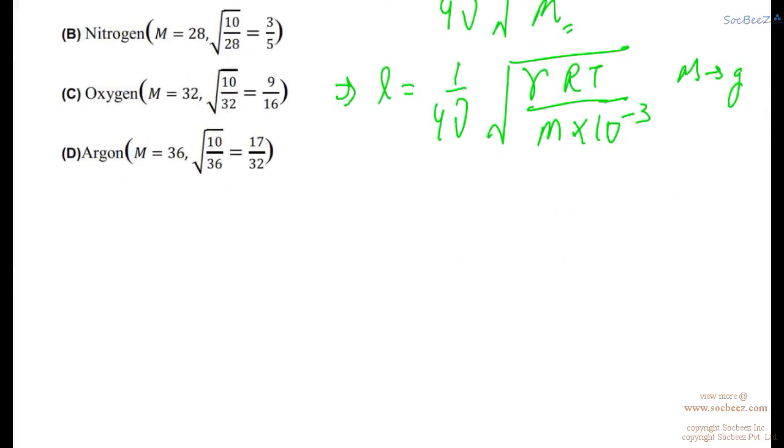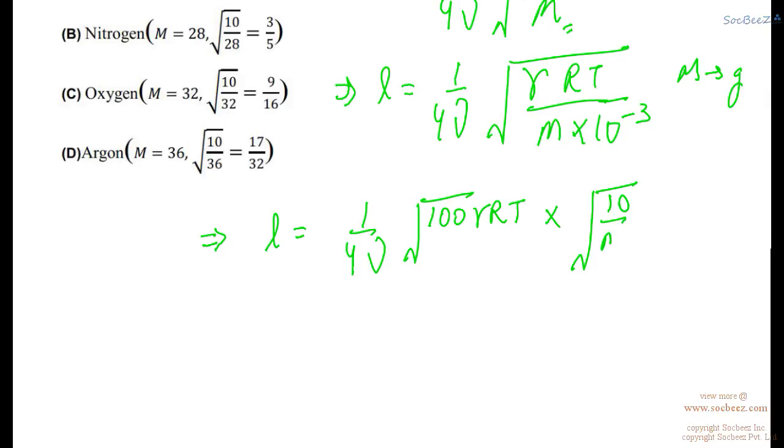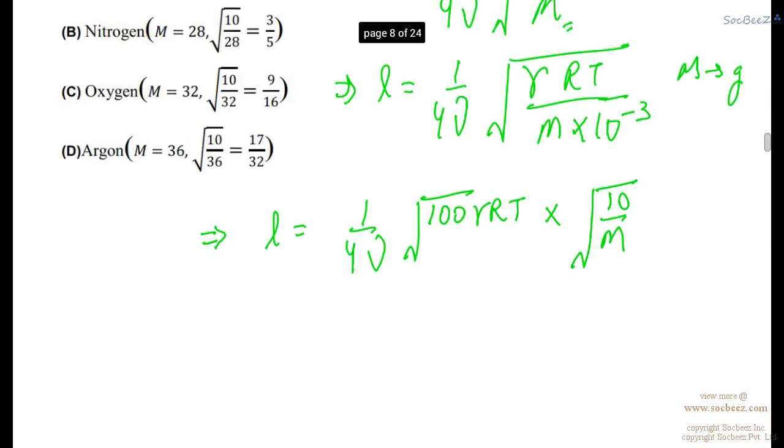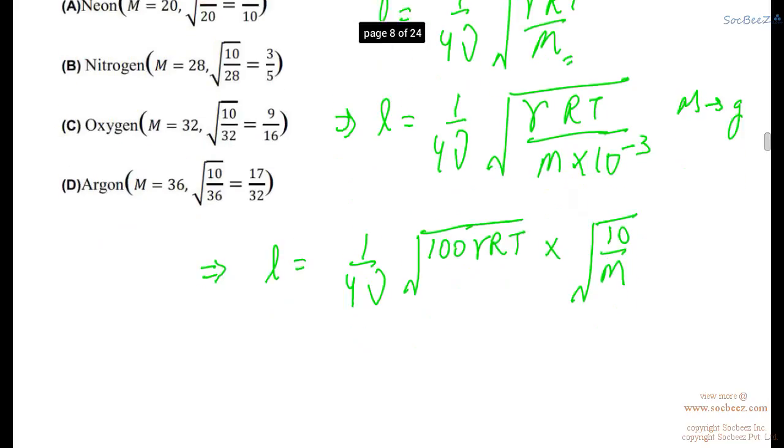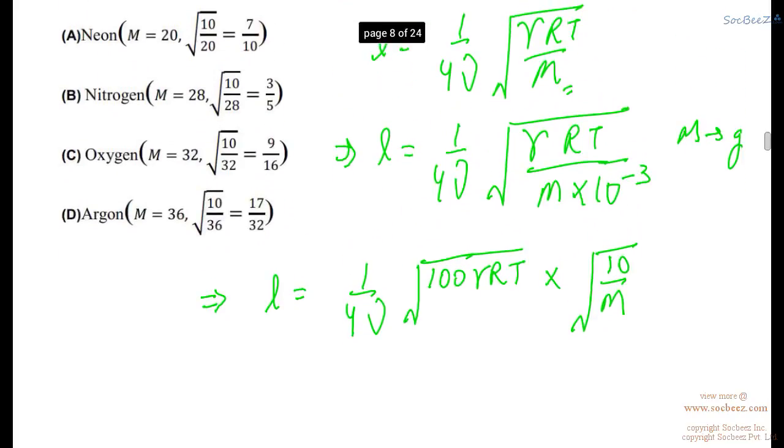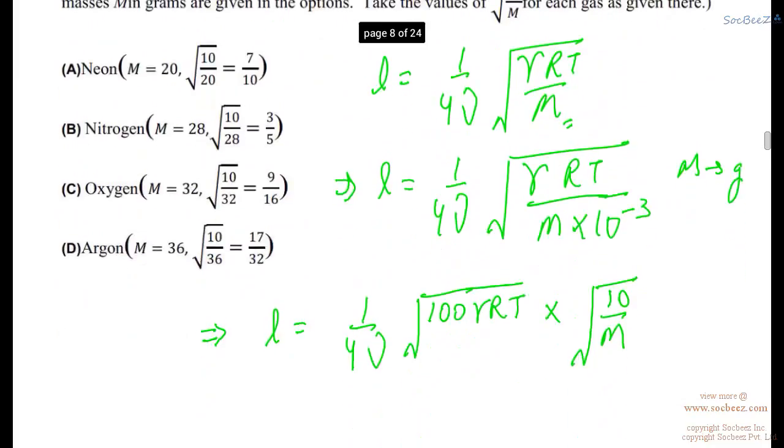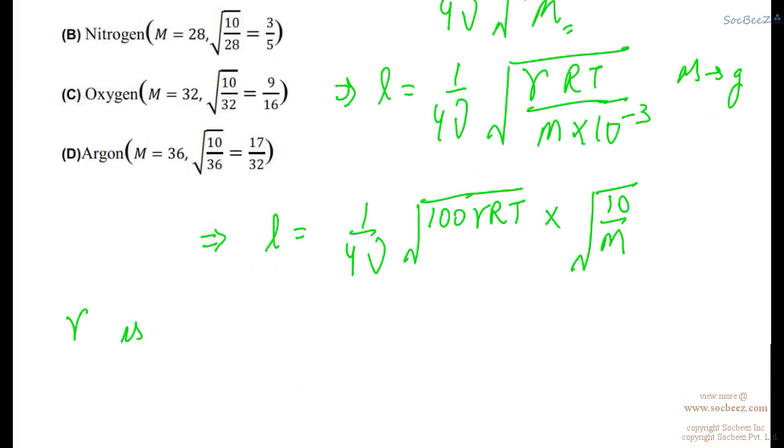After simplifying, we get L equals 1 upon 4 nu under root 100 gamma RT into under root 10 upon M. Now if we substitute the values, the value of gamma is 1.67 for monoatomic gases.